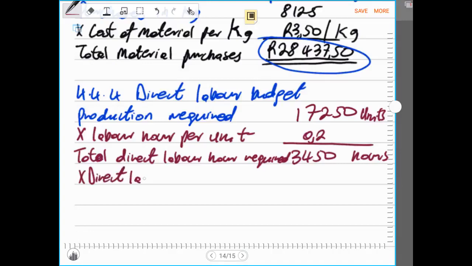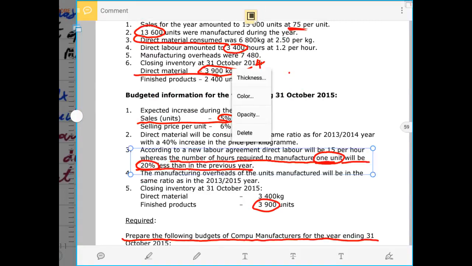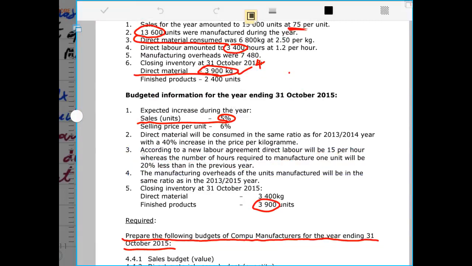Direct labor rate per hour is also given. I think it was given as 15 rand somewhere. Yes, it said that according to a new labor agreement, direct labor will be paid 15 rand per hour.